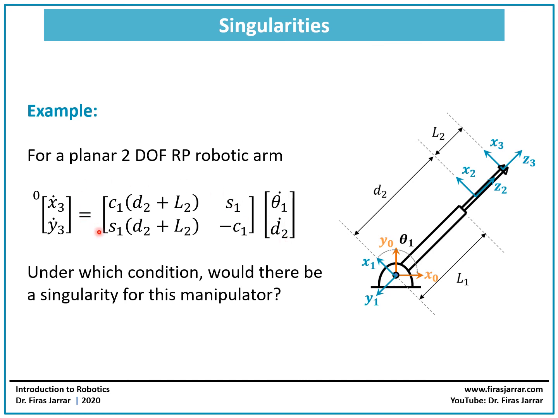And this we call the Jacobian matrix, or simply the linear velocity portion of the Jacobian matrix. And we are now asked to find under which conditions there would be a singularity for this manipulator.